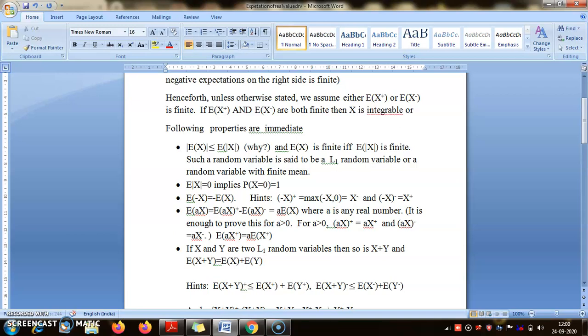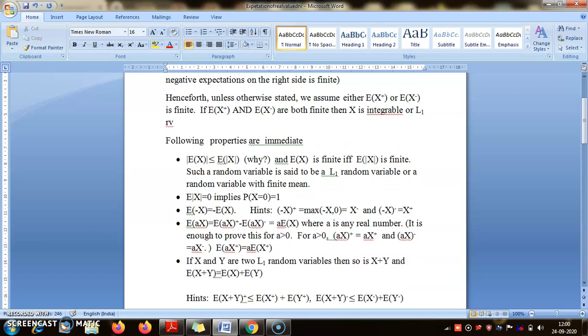Integrable or L1, or L1 random variable, or x has finite mean. So these are all different ways of saying the same thing.